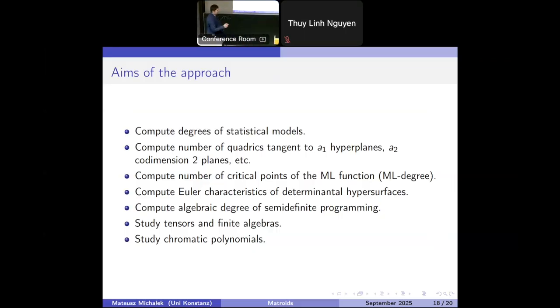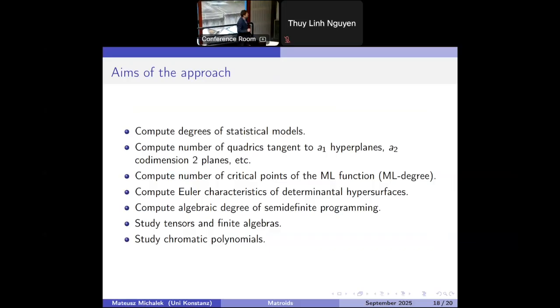Yeah, and this is what we did. So we computed certain degrees of statistical models. We can compute this thing by Schubert. So Schubert essentially told you how to do it, but how far you can actually do it, that's another thing. So with the development of this method, we can now really go much farther than before.